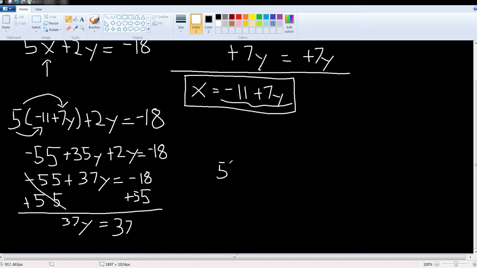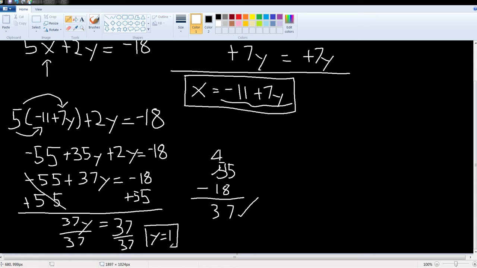Let me just double check that. Yep, 37, I was correct. So now we have 37y is equal to 37, divide by 37 on each side, and I get y equals 1.